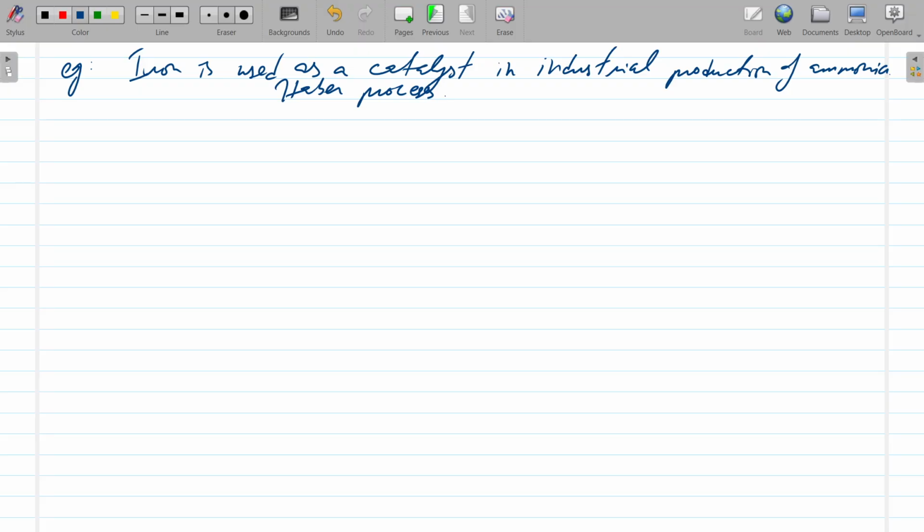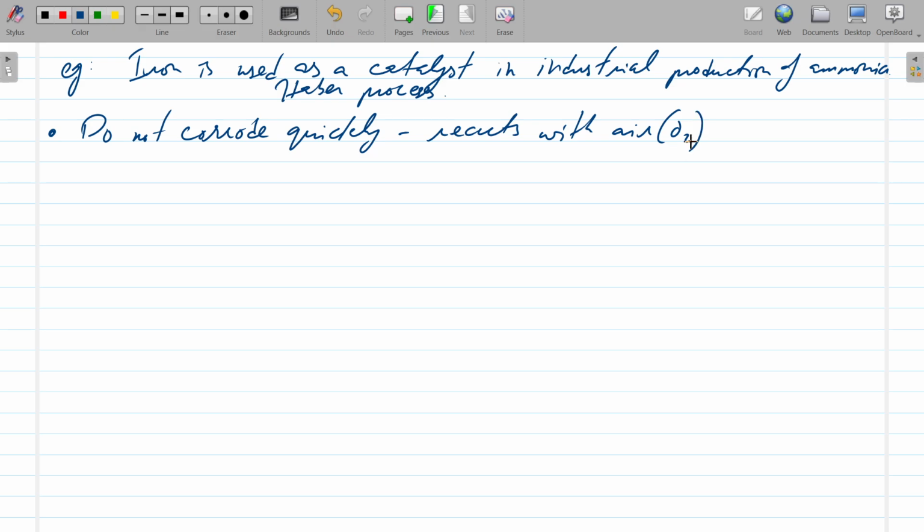And they do not corrode very quickly. So that's another property. Corrosion takes place when the metal reacts with air, basically the oxygen in the air, or water.